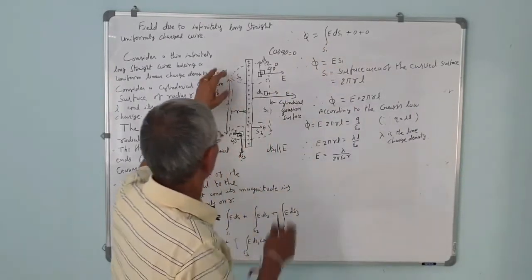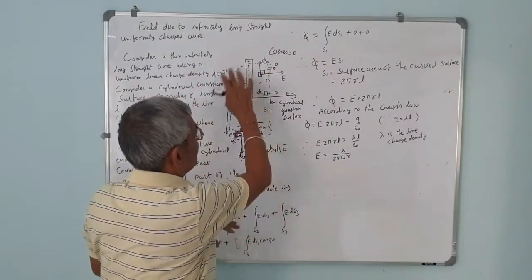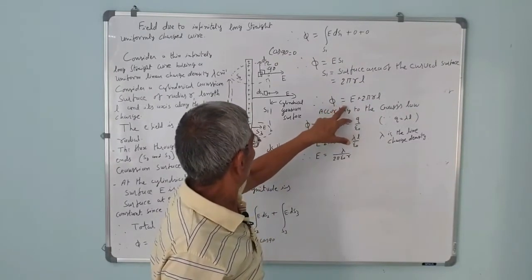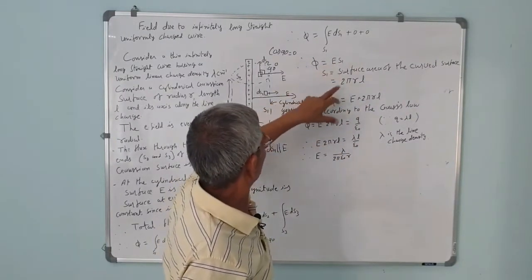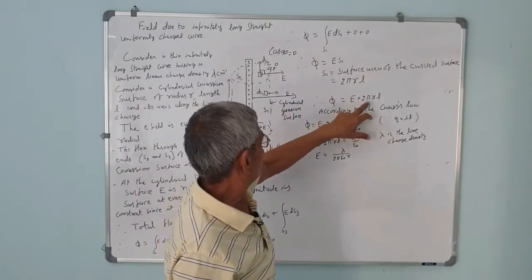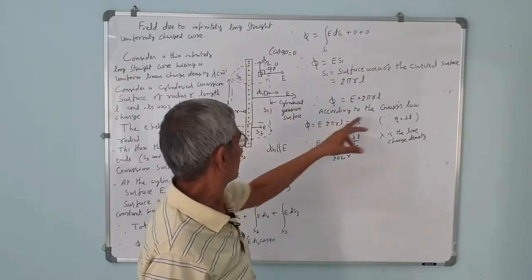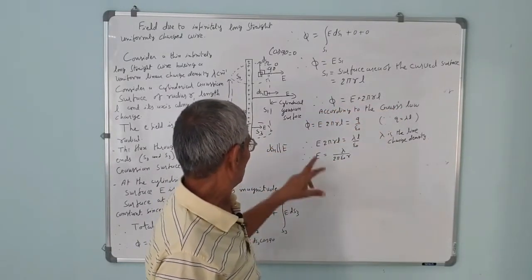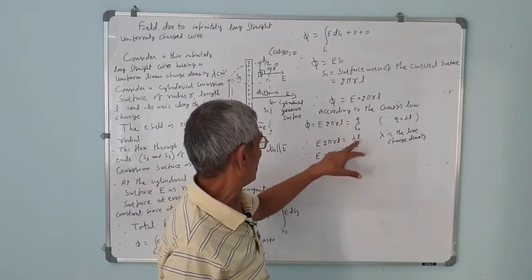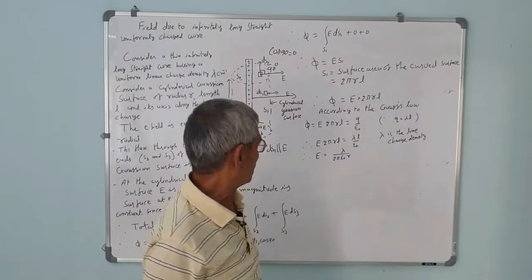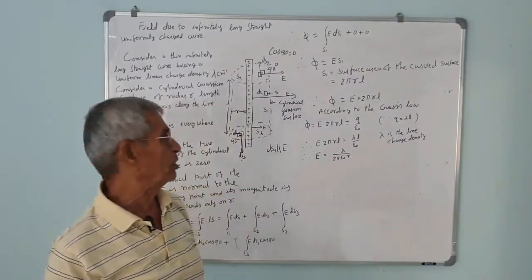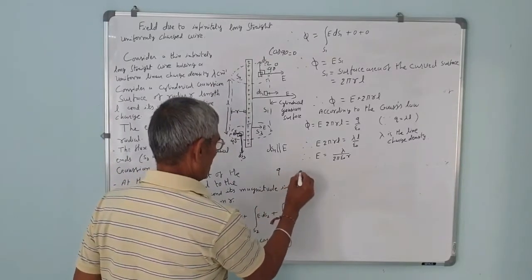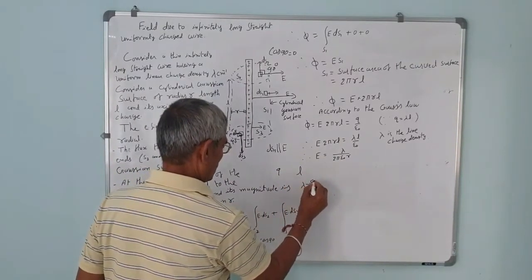The surface area of the part S1, the curved portion, is 2 pi r L, we know. Therefore phi is equal to E S1, and S1 is this, so E into 2 pi r L. According to Gauss law, the total flux phi is equal to Q upon epsilon 0, where Q is equal to lambda L. Lambda is the charge density: if Q charge is distributed over the length L, then the charge per unit length is total charge upon length.